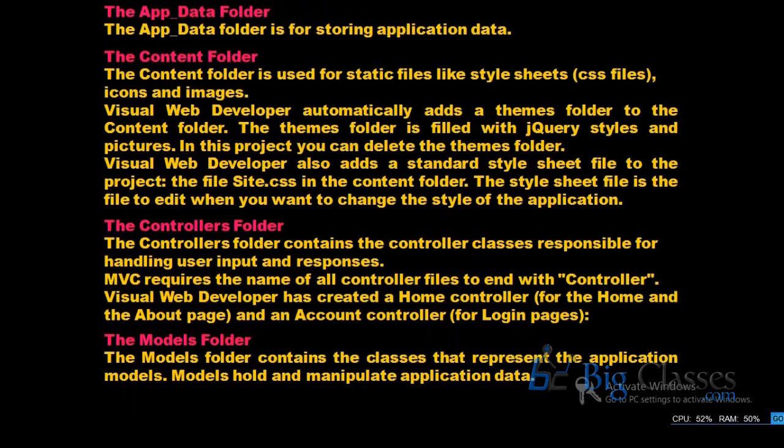What is meant by the content folder? What can the content folder actually contain? It contains CSS, style sheets, images, and icons. When the developer develops an application, he will be able to place different types of images, different types of style sheets, and icons, everything we can place there.